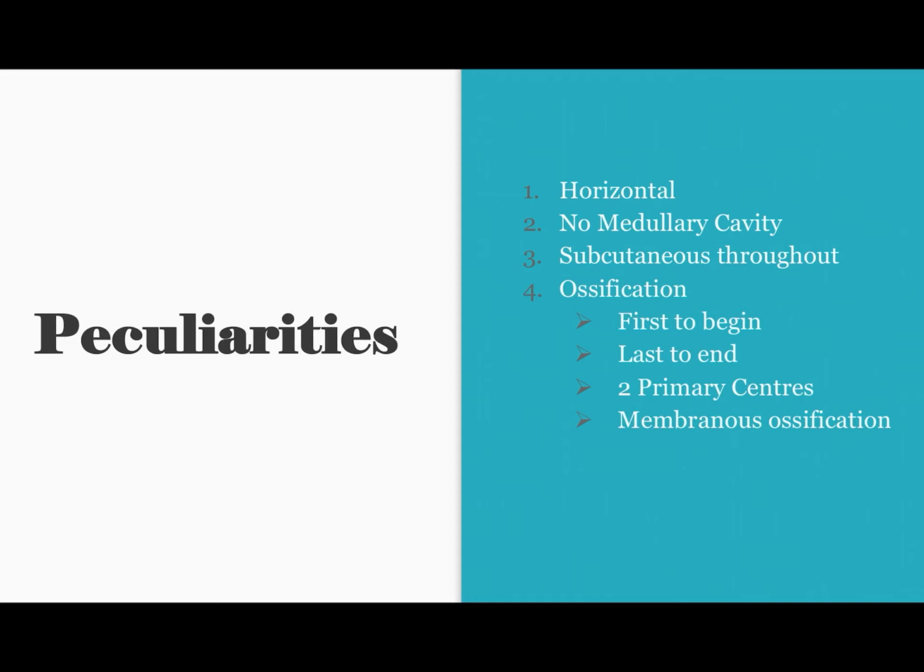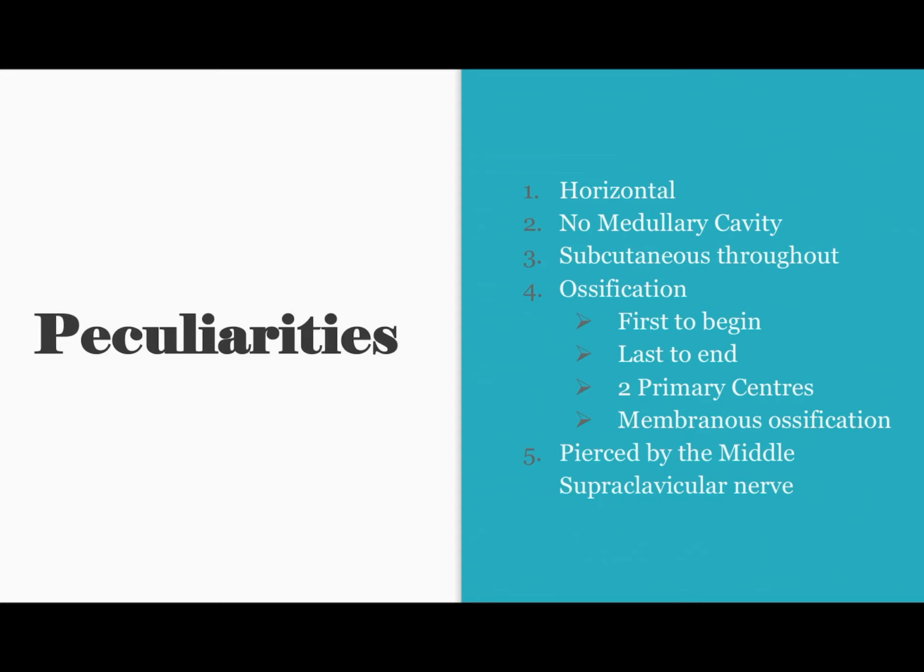So a feature of a typical long bone is that it almost always ossifies through the cartilage precursor. Okay, that's endochondral ossification. Finally, the clavicle is occasionally pierced by the middle supraclavicular nerve.